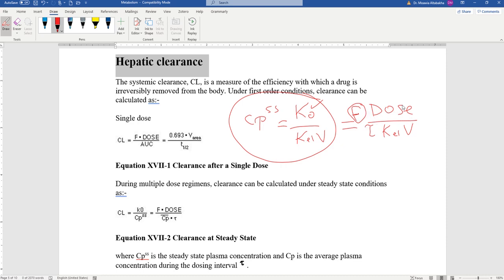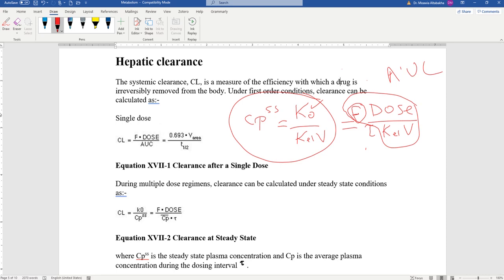طيب, look at this one. Okay, you will find that this part, اللي هو dose divided by KEL في V, is actually ال AUC. Okay, this is the AUC. طيب, هون شو علاقة the relationship between AUC and clearance?